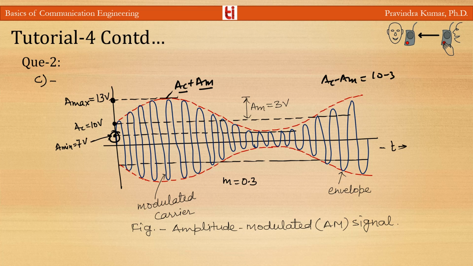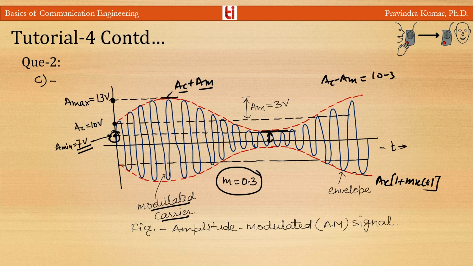So A minimum is 7 volt and A maximum is 13 volt, and m is 0.3, so it is under modulation, so A minimum will not be 0. You can see A minimum is this 7 volt here, and this is the envelope of the signal, AC times 1 plus m x(t). It is the envelope of the signal, and this is the modulated carrier.